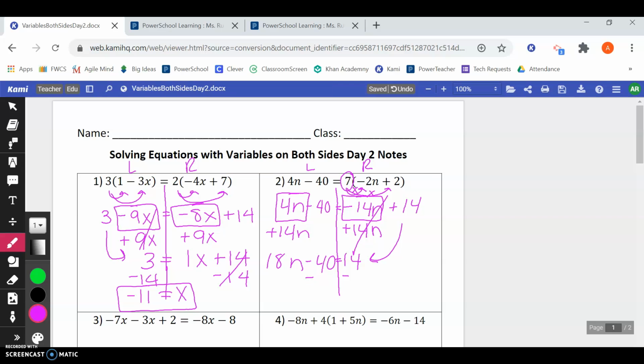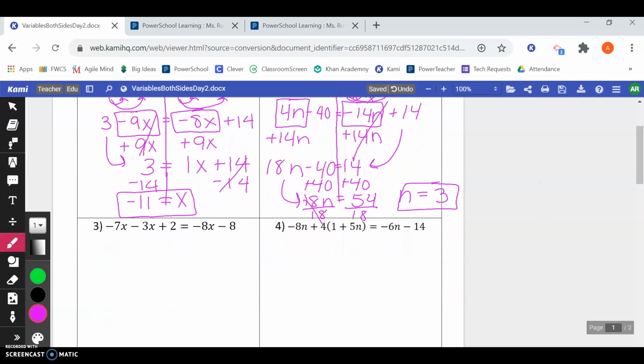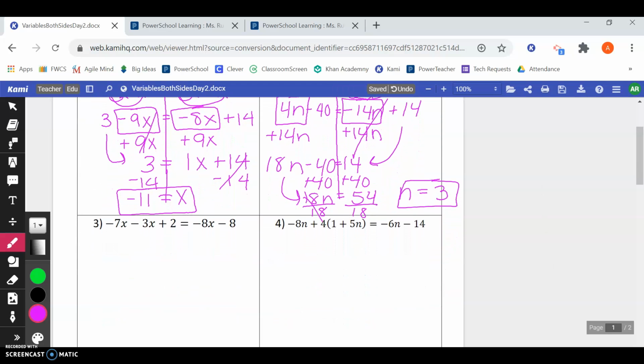I'm going to add 40 to both sides, and I get 18n equals 14 plus 40 is 54. So I'm going to divide by 18 on both sides, and I get n equals 3. Alright, now perfect. So let's work on number 3.